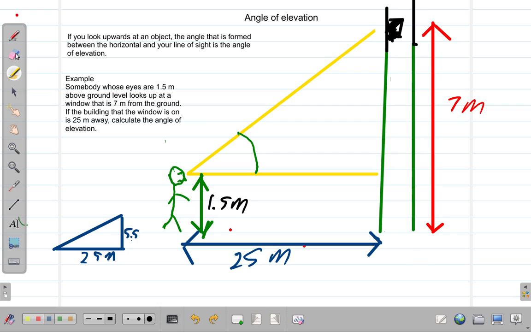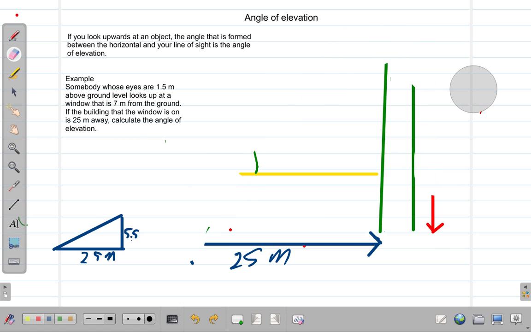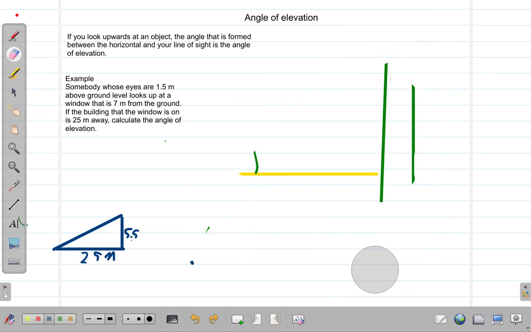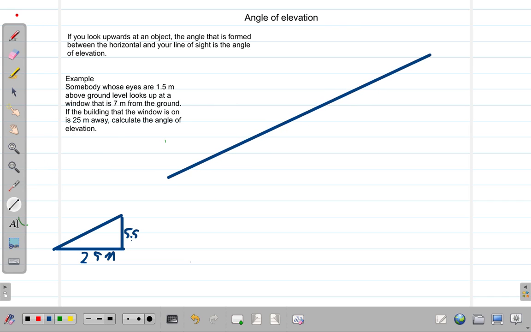Now, let's erase some of this and draw our triangle, now that we know exactly what the measurements of the triangle are. So our triangle that we're using is this triangle.